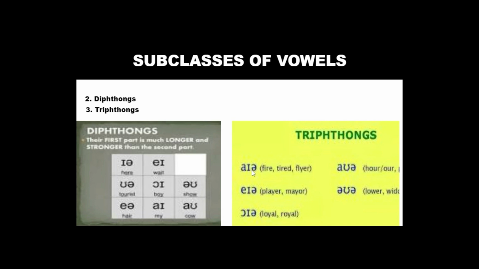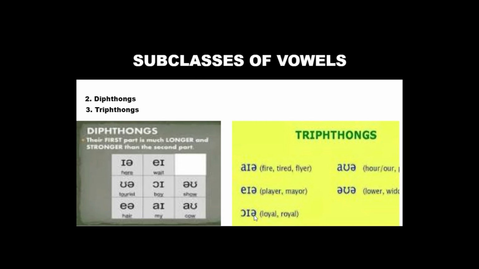Now, examples of words that contain this first triphthong are fire, tired, and flyer. Then we have a combination of A and the schwa sound, as in player, mayor.